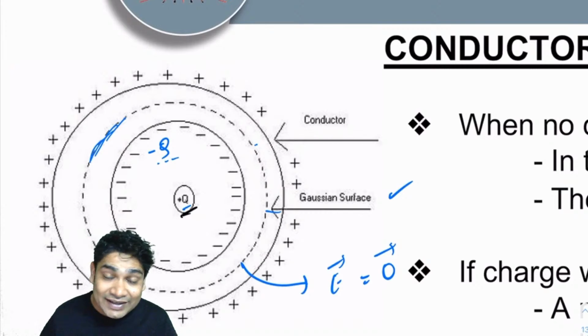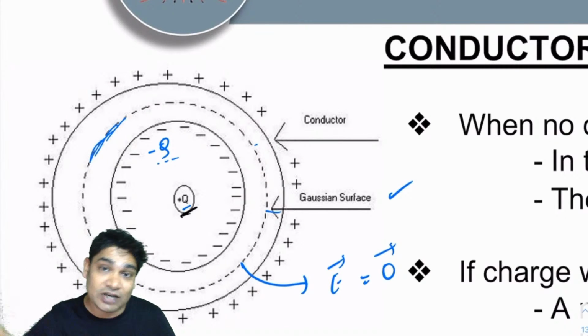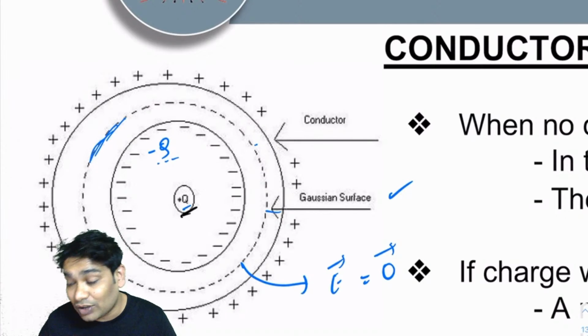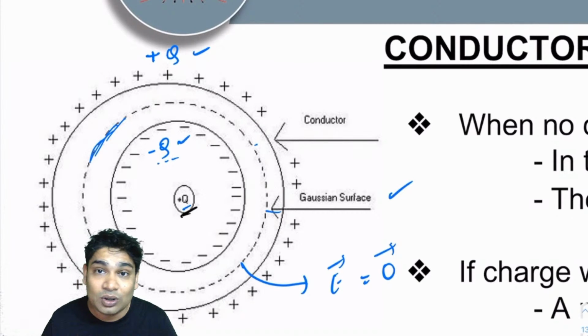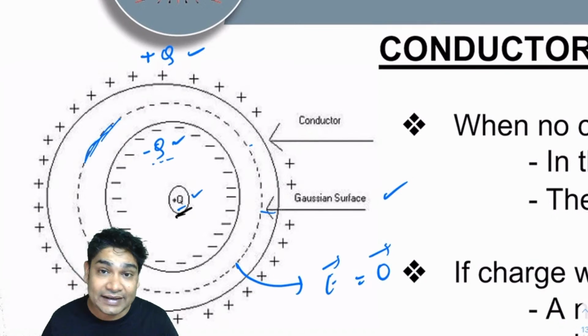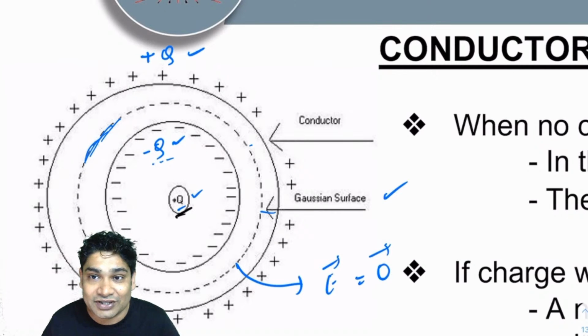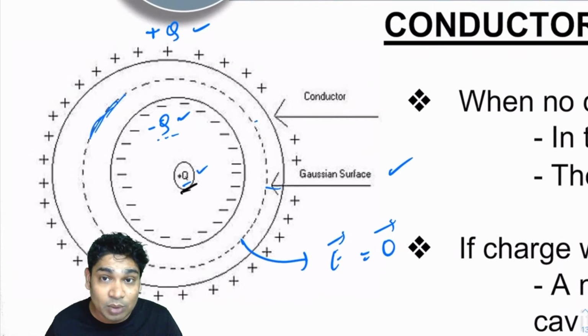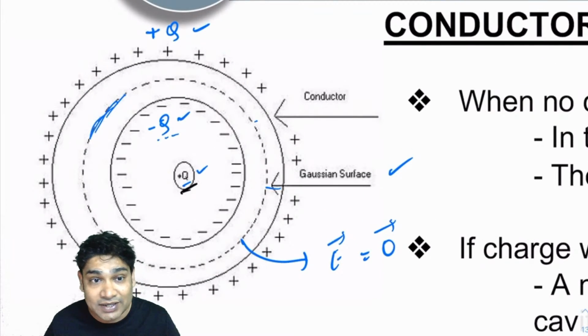So these will leave a deficit of electrons somewhere, so an equal positive charge would be left somewhere, and that net charge can only appear on the outer surface. So your outer surface will get a plus Q charge, so that your conductor also remains neutral. Because the presence of this charge cannot create a net charge inside a conductor. It can only redistribute the charges. So that is how the charges will appear the moment a charge is placed in the cavity.